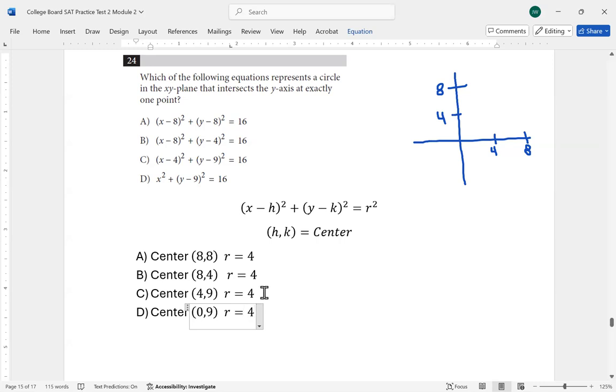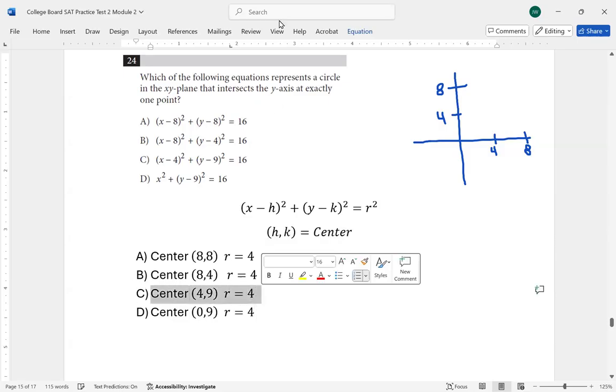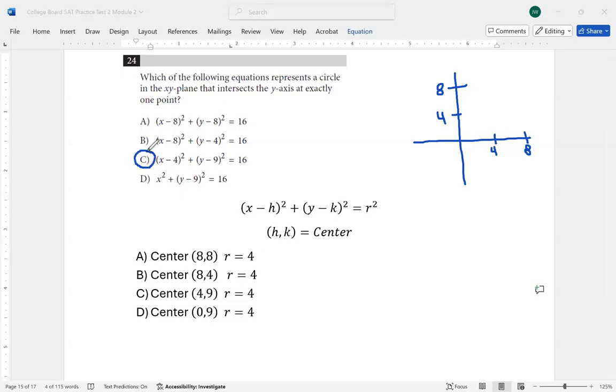So the only one that we can see which is going to cross the y-axis at one point is option C. Therefore, option C is the answer to number 24.